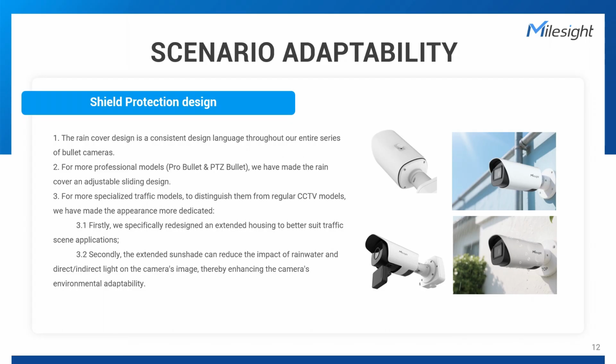Besides, for stronger scenario adaptability, we give all of the bullet cameras, no matter the mini camera or the pro camera, if they are in a bullet model, a ring shield. This ring shield can help the camera prevent direct sun glare or raindrops, so that they can have better endurance in outdoor scenarios.